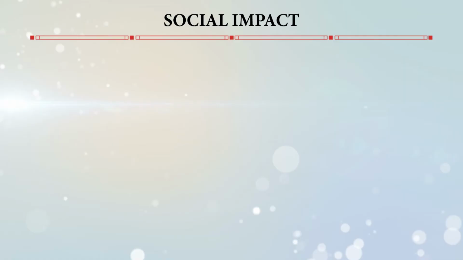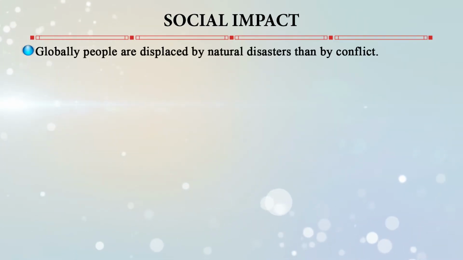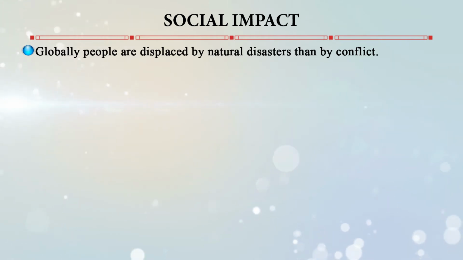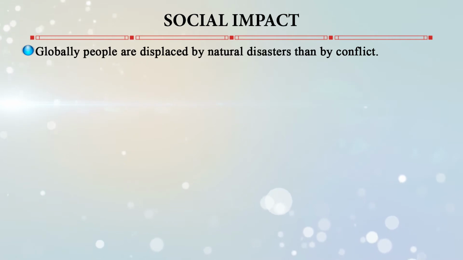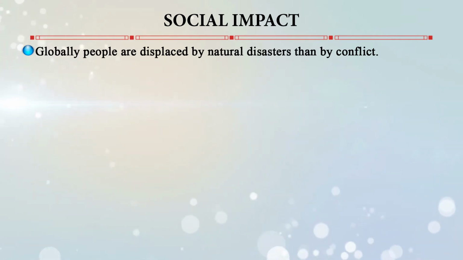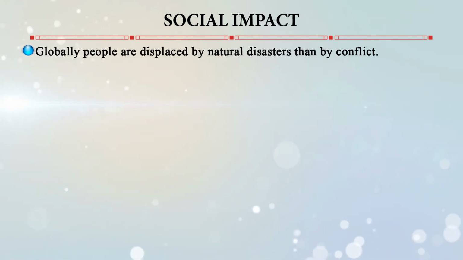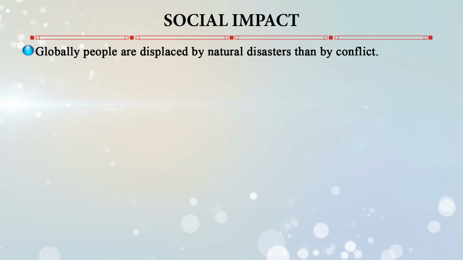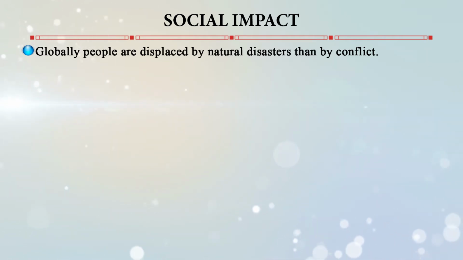Social impacts. Globally, people are displaced by natural disasters more than by conflict. Where will people go? Say a group of people are practicing agriculture in one place, and there you find flooding, natural hazards or even earthquakes, and they lose all their housing, their property and also their lands, which are all affected.